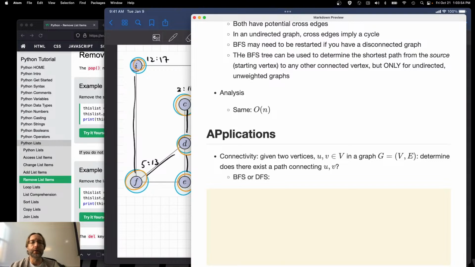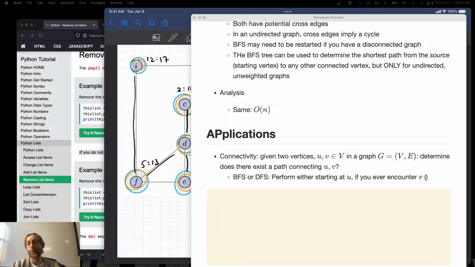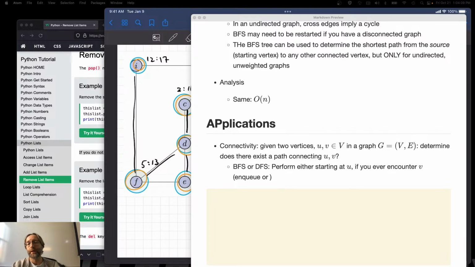And it works for directed graphs as well. Perform either starting at U. If you ever encounter V, that is you enqueue it or you push it into your data structure, stop.